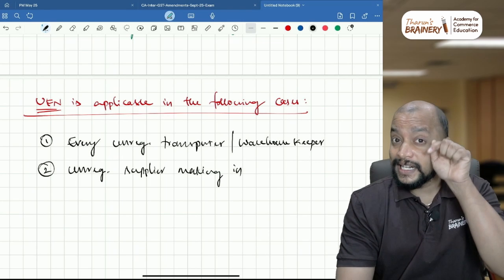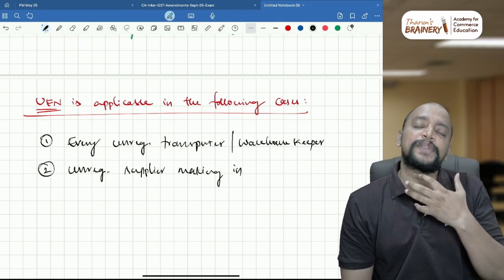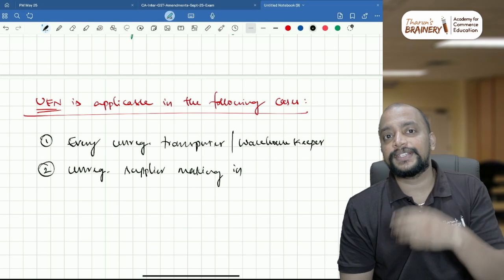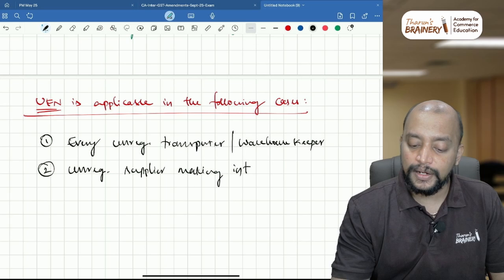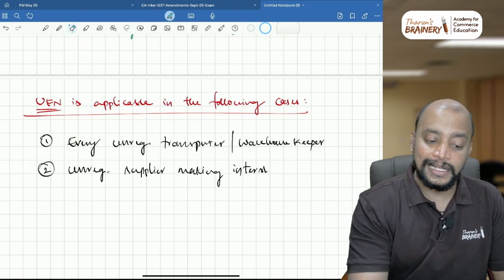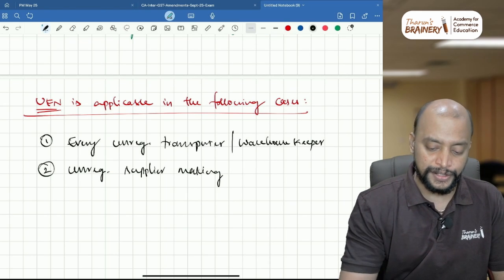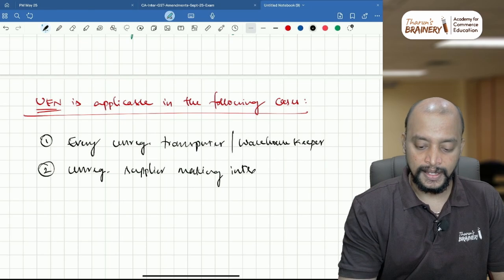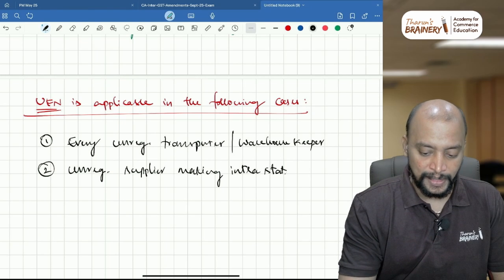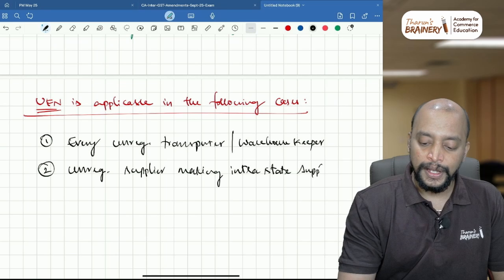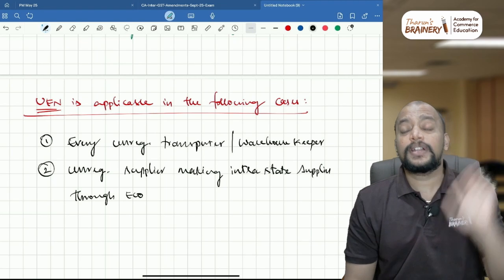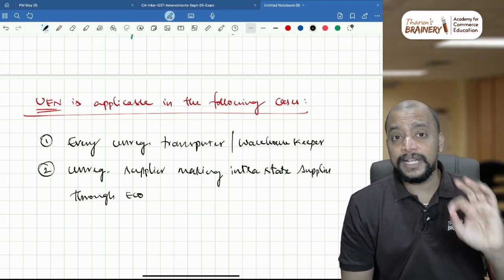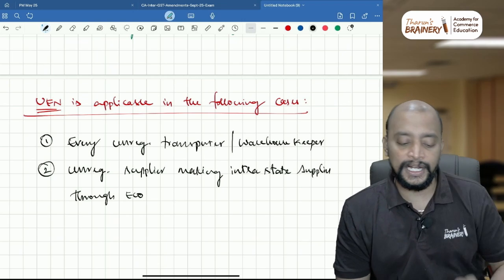Generally a person who is making supply of goods through an e-commerce operator is compulsorily required to get registered. But an unregistered supplier who is making intrastate supplies through an e-commerce operator is compulsorily getting UEN, not registration. UEN does not mean registration, just the enrollment number.